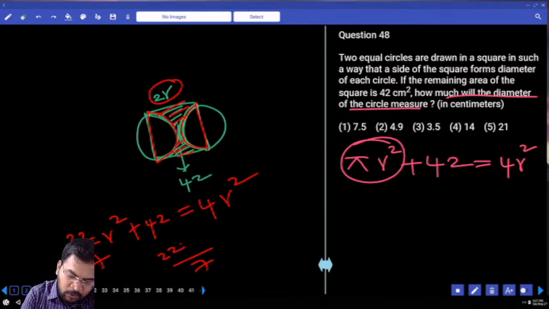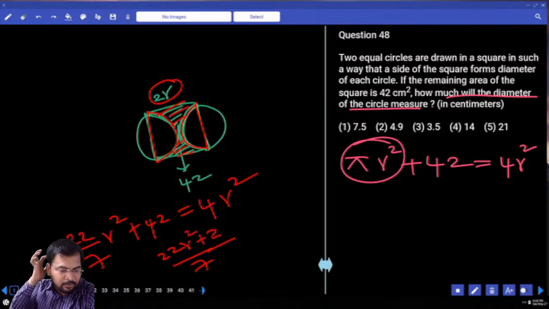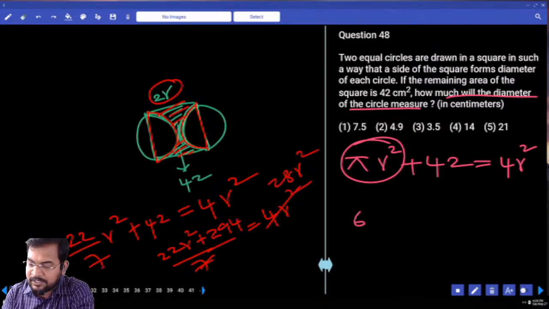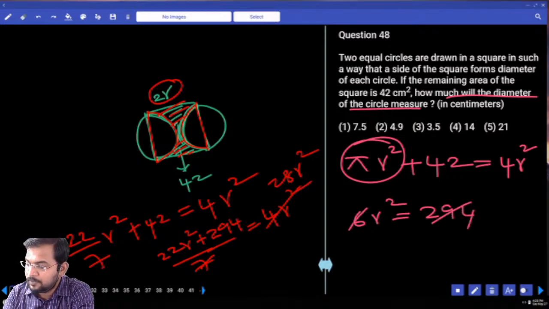22r² plus 294 equals 28r², na? 28r² minus 22r² is 6r². 6r² is equal to 294. R² is equal to 49 na? R is equal to 7.